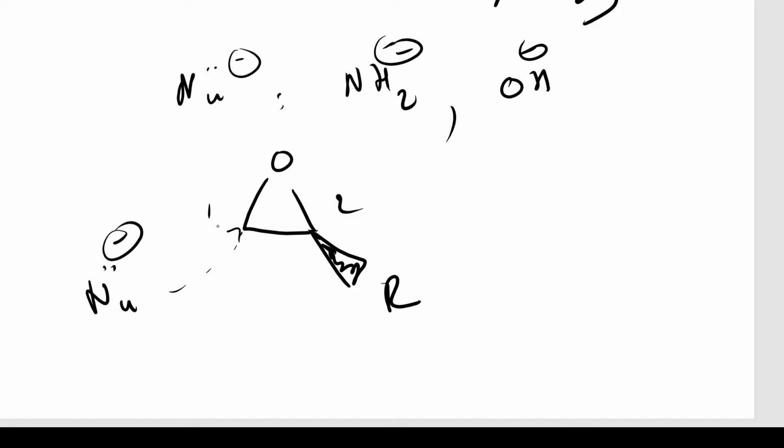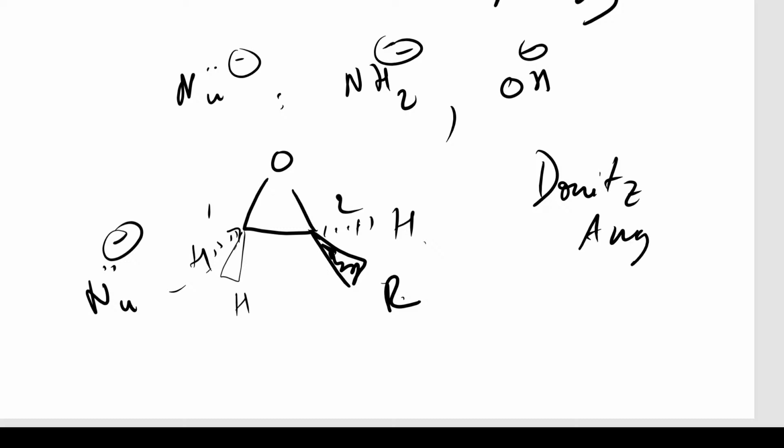But if you look well, carbon 1 has 2 hydrogens, and carbon 2 has 1 hydrogen and 1 substituent. And depending on the Bürgi-Dunitz angle, which is roughly 40 degrees, the nucleophile attacks at an angle of 40 degrees.